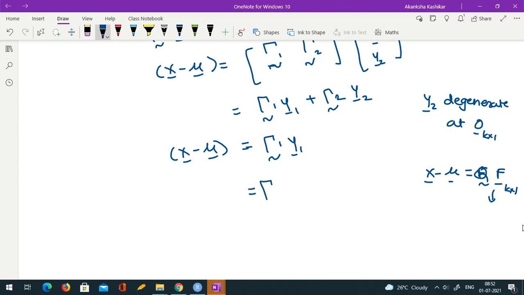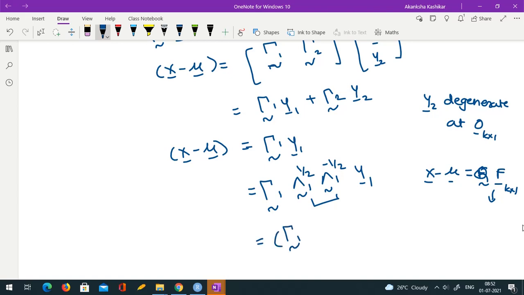So what we'll do is a minor adjustment. I'll have gamma 1 and then I'll bring in lambda 1 raised to half and lambda 1 raised to minus half, y1. I am basically not changing the equation because these two are inverses of each other, so the product is identity.